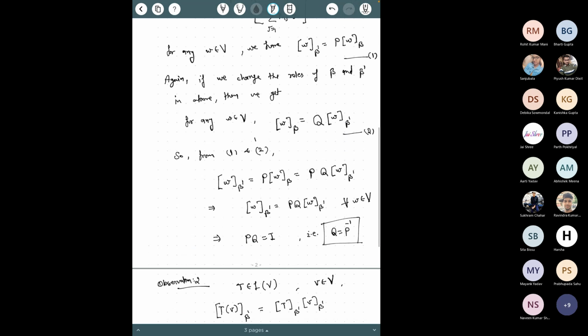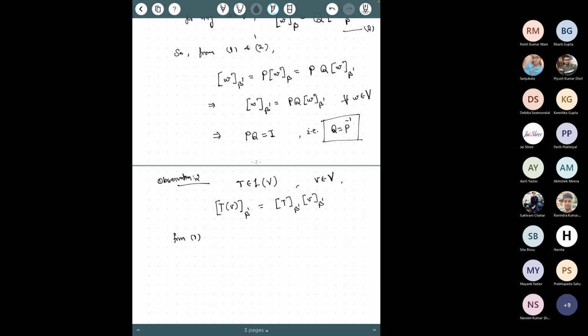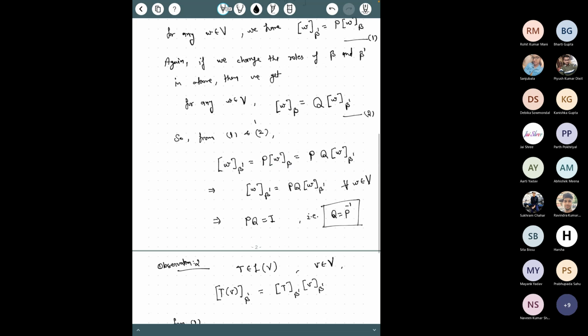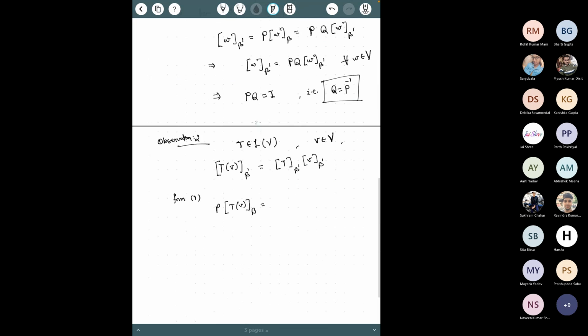From 1, if I apply it on T of V, the left hand side would be P times the matrix of T of V with respect to B. This is because for any vector this is true, so instead of W, I apply this for the vector T of V.